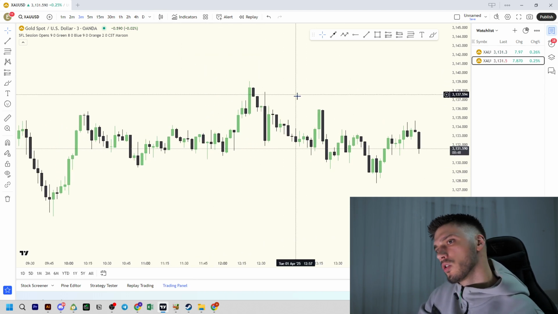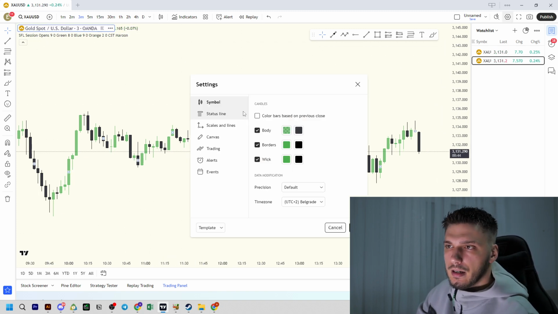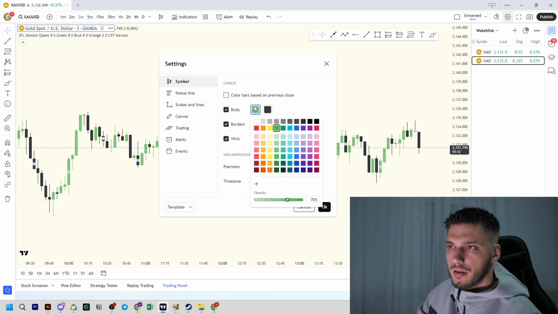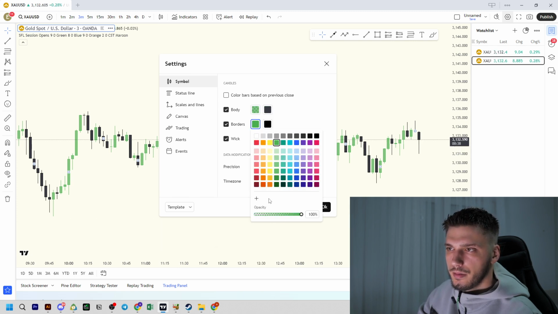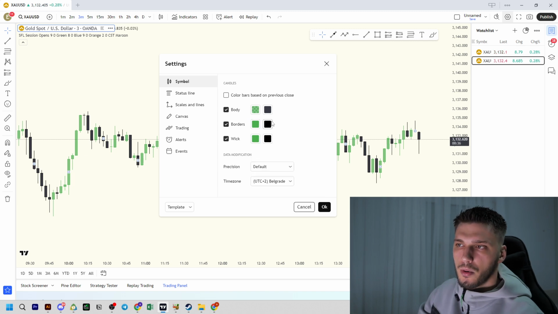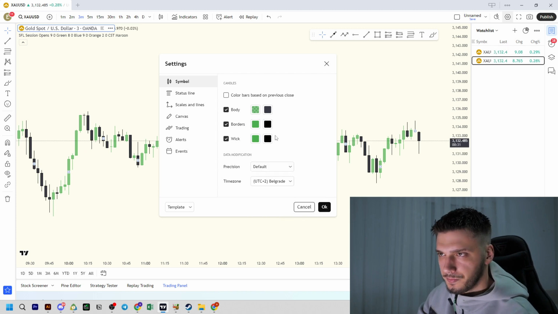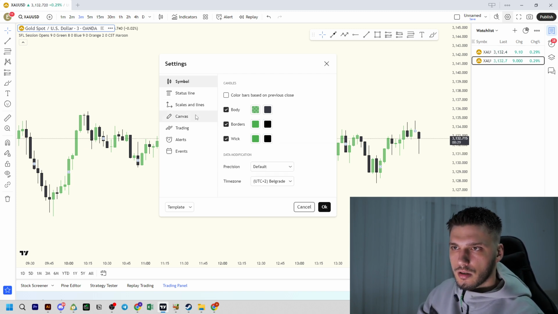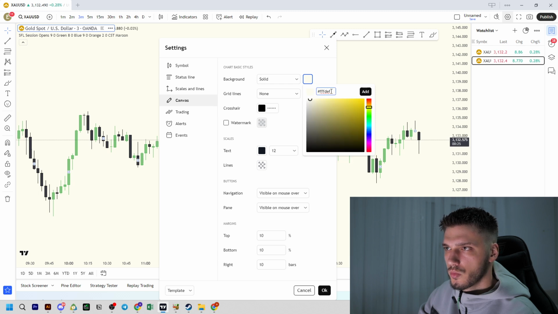And if you want my chart layout, if you want your chart to be looking like mine, you're gonna click twice here, and then these are my settings on everything. This here, this is black, this is this color. Just pause the video whenever I'm clicking on something, and you will do it on your own. This canvas, it's solid. The color is this one here.